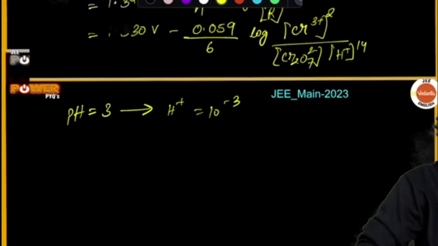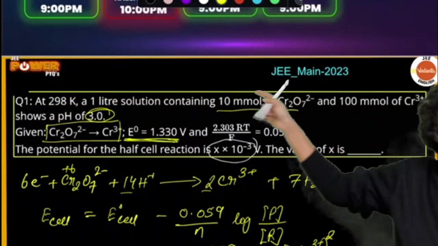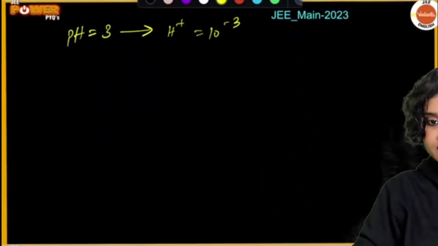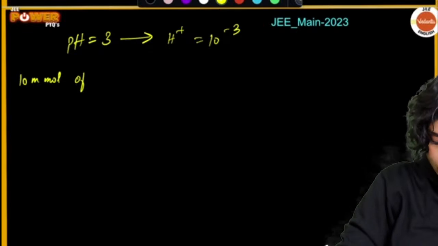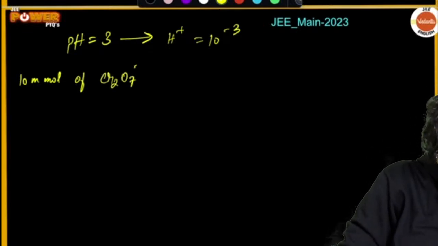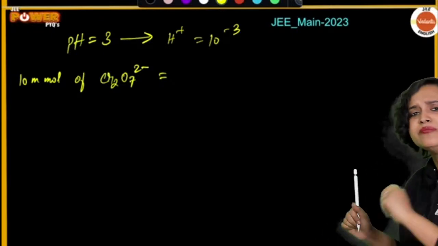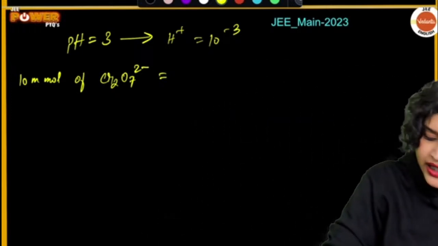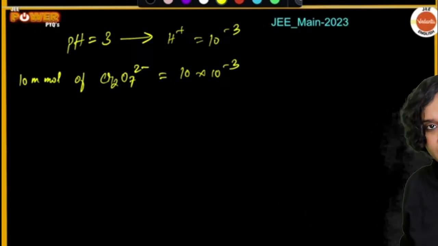Do you remember there is something written as 10 millimole of Cr2O7 2 minus and 100 millimole of Cr3 plus? Let's see what that means. 10 millimole of Cr2O7 2 minus is equal to 10 into 10 to the power minus 3, because millimole means 10 to the power minus 3.